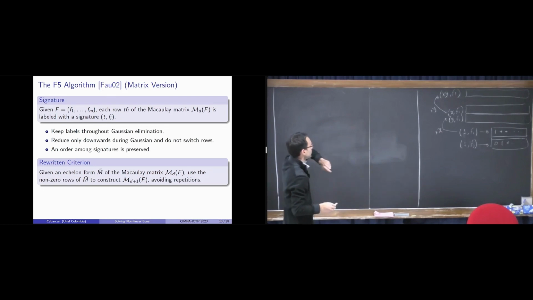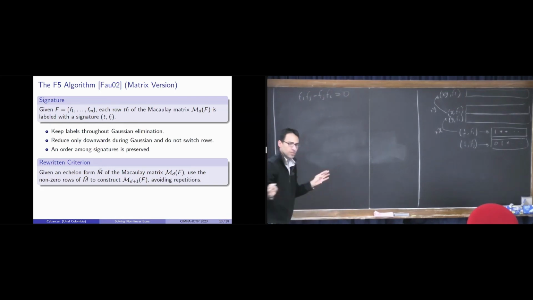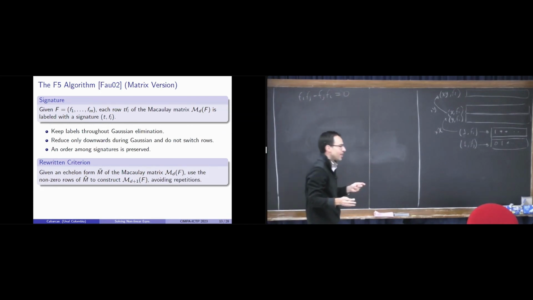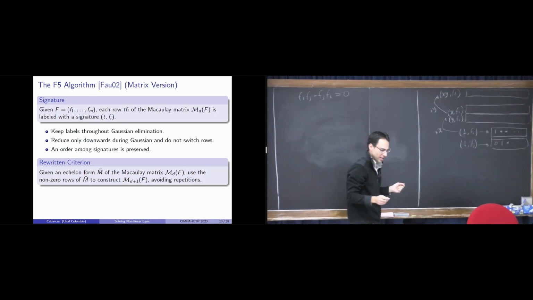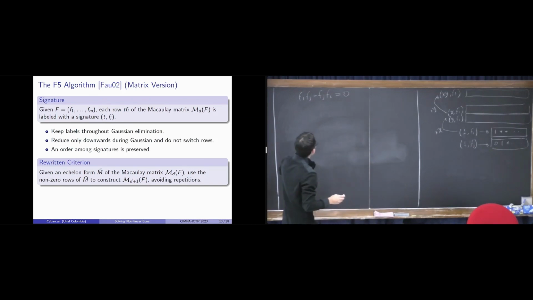So in that process, we know that FiFj minus FjFi is equal to 0. So this is true for any i and any j, i different from j. And this is going to cause a lot of redundancy on these Macaulay matrices. So we want to avoid this. If we can remove something so that we avoid those zero reductions, it would be great.